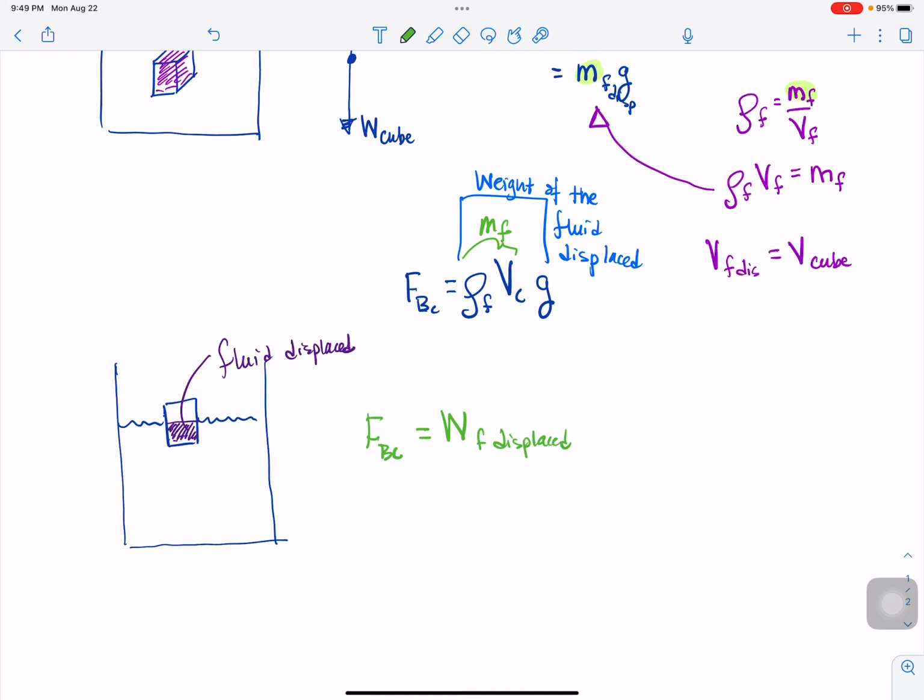But I know that I still have, this is still equal to the mass of the fluid displaced, or again, pushed aside. In other words, how much is under the water. So the mass of the fluid under the water times g. And again, just to emphasize, this is the fluid displaced by the block.